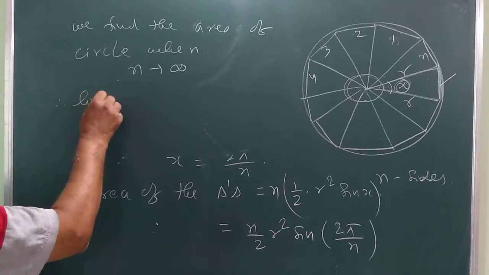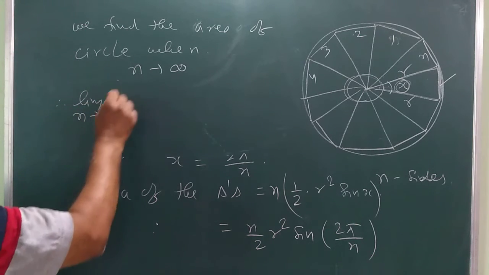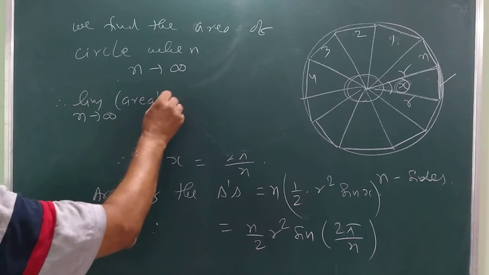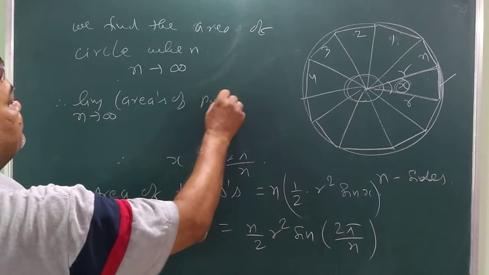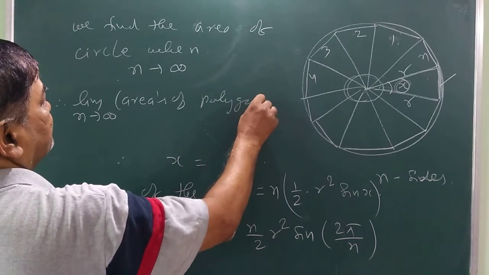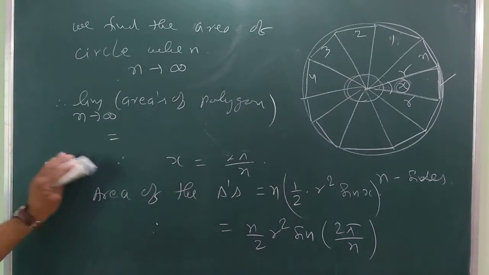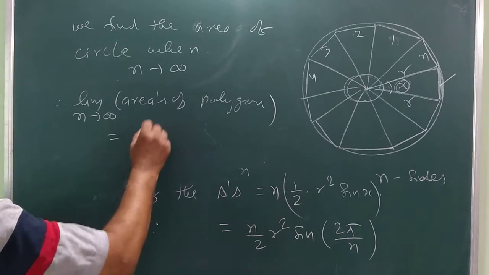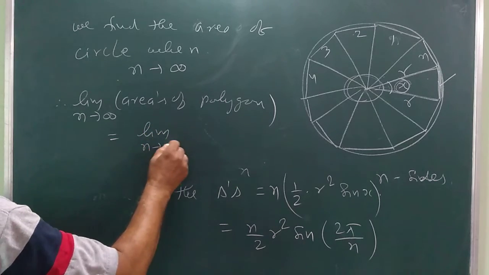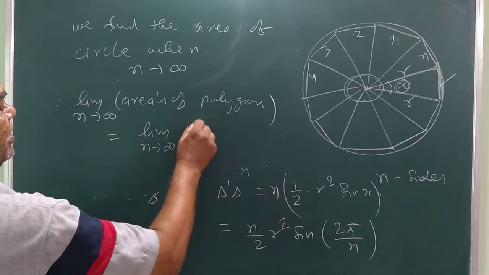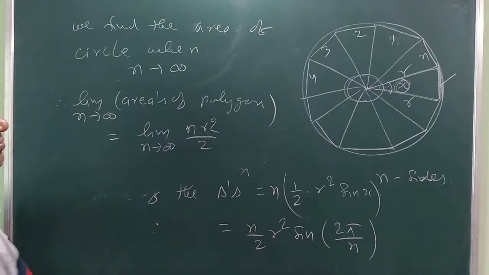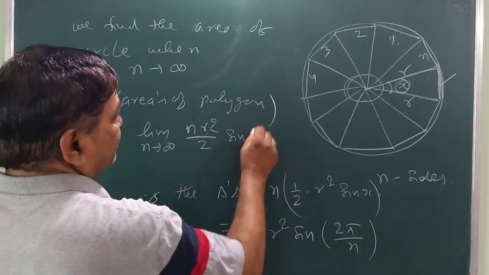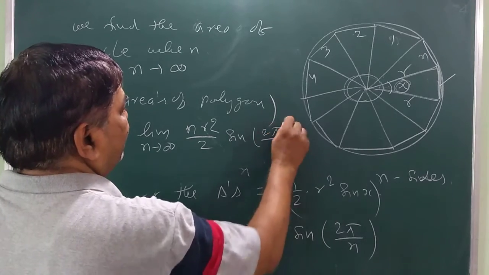So limit as n tends to infinite, area of polygon, this is equal to limit n tends to infinite, this one n r square divided by 2, this is sine 2 pi divided by n.